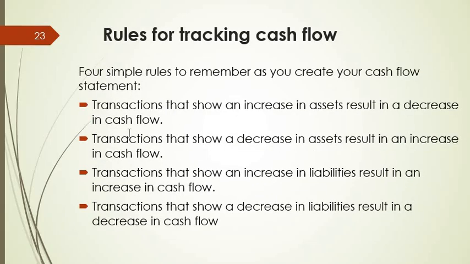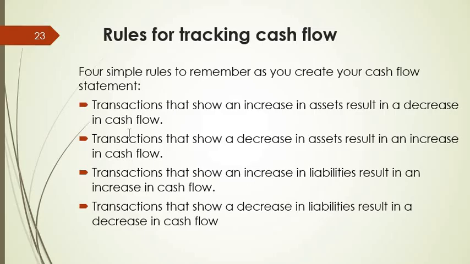There are four simple rules to remember as you create your cash flow statement, and you may be familiar with these rules. Transactions that show an increase in assets result in a decrease in cash flow, like when you have purchased those assets.